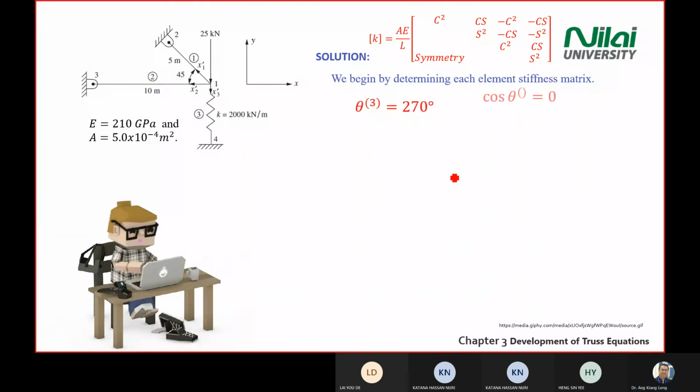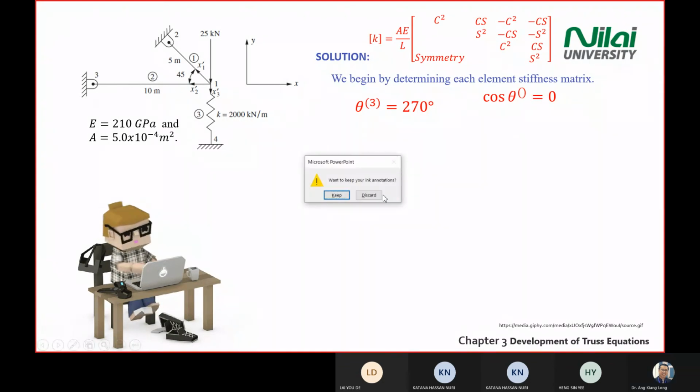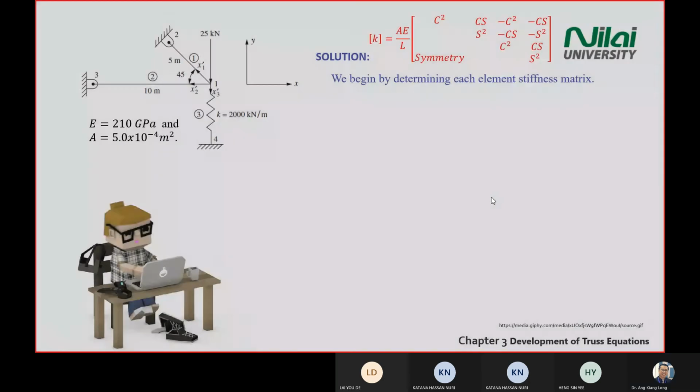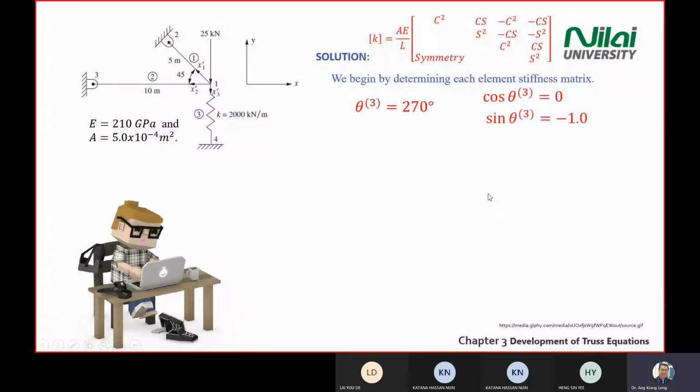Okay. Then element 3 will have 270. Sorry, there's a number missing here. There should be number 3 here. Okay.